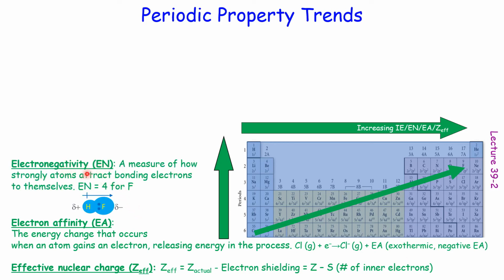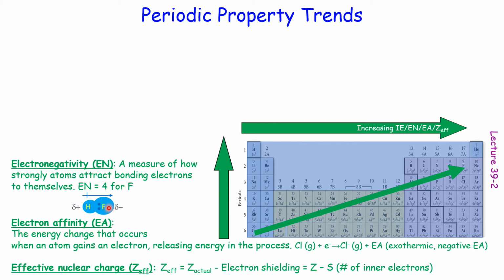Electronegativity, En, is a measure of how strongly atoms attract bonding electrons to themselves. Fluorine has the highest electronegativity with an electronegativity value of 4. For example, in the HF molecule, the 2 bonding electrons are pulled much closer to fluorine.